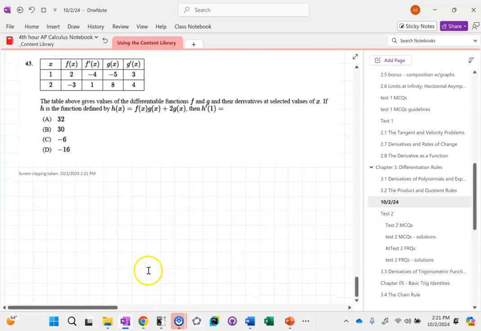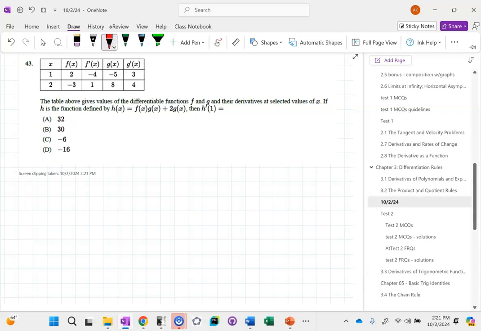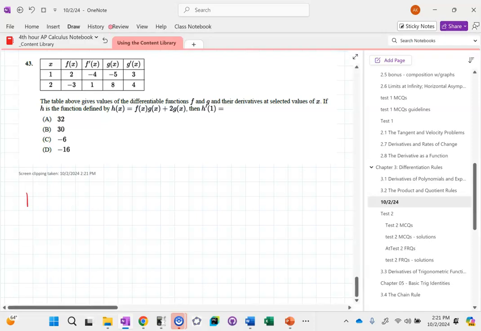Okay. So it says the table above gives the values of the differentiable functions f and g and their derivatives at values of x. If h is the function defined by h of x equals f of x times g of x plus 2g of x, then h prime of 1 equals what? Well, we saw one similar to this before. We're going to start the same way.